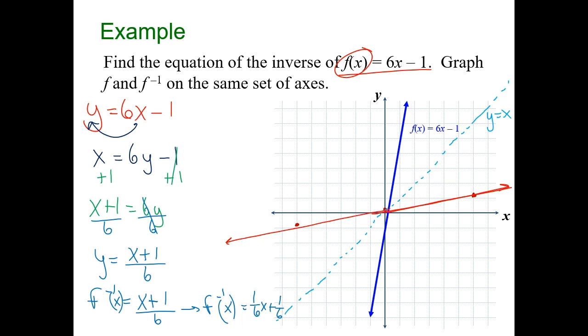And we're always going to have this kind of mirror image that we see across this line, every single inverse function. And so when you're drawing your inverse function and you're graphing it on the coordinate plane, if you don't see this symmetry being formed, then that's a hint that either your equation is wrong or you graphed it wrong. And so you always need to be able to see that symmetry.